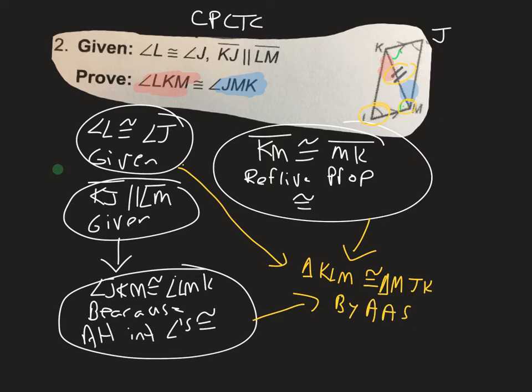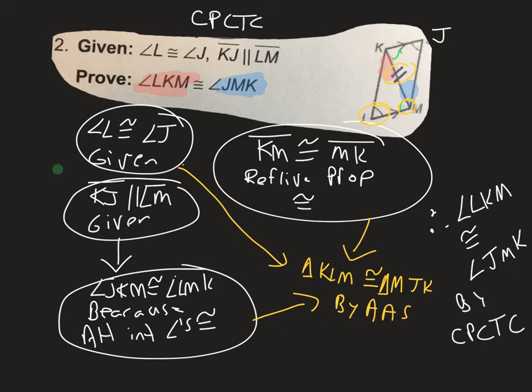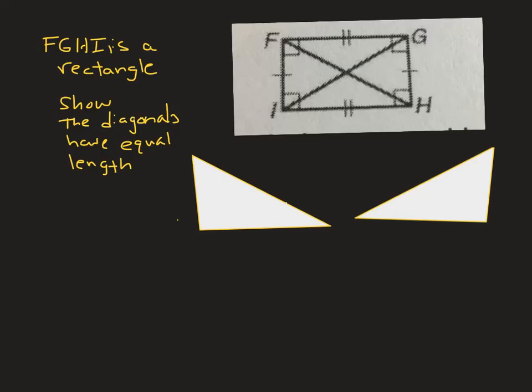And then the last part is just to say what we wanted to show. So therefore, angle LKM is congruent to angle JMK by CPCTC. Corresponding parts of congruent triangles are congruent.